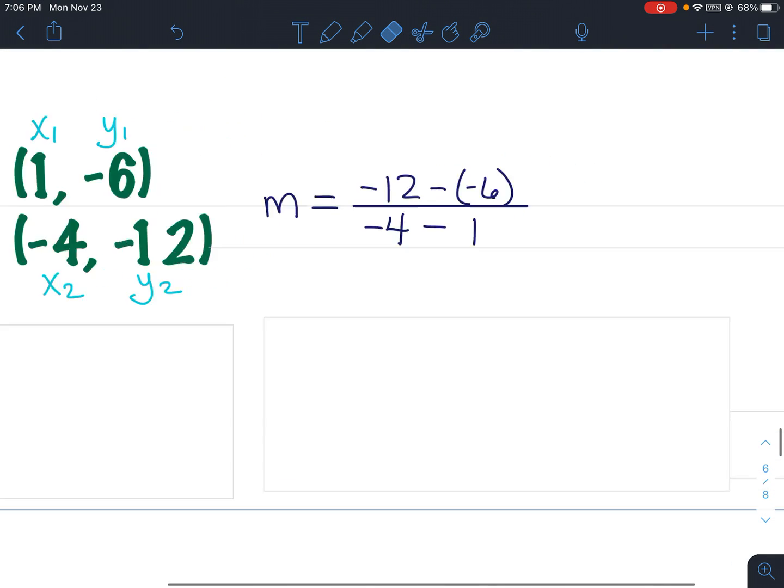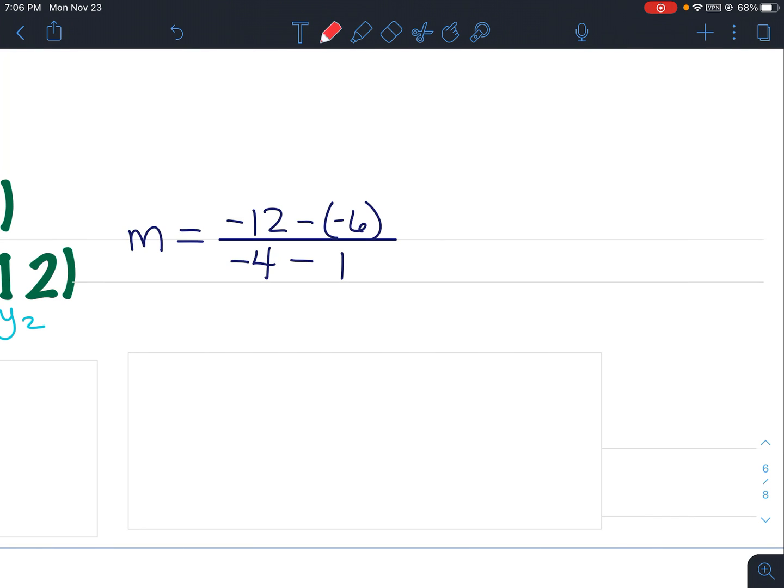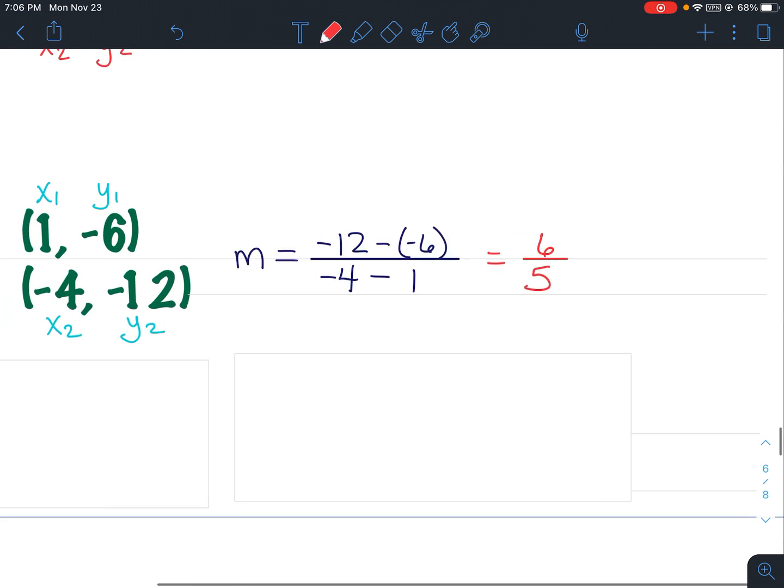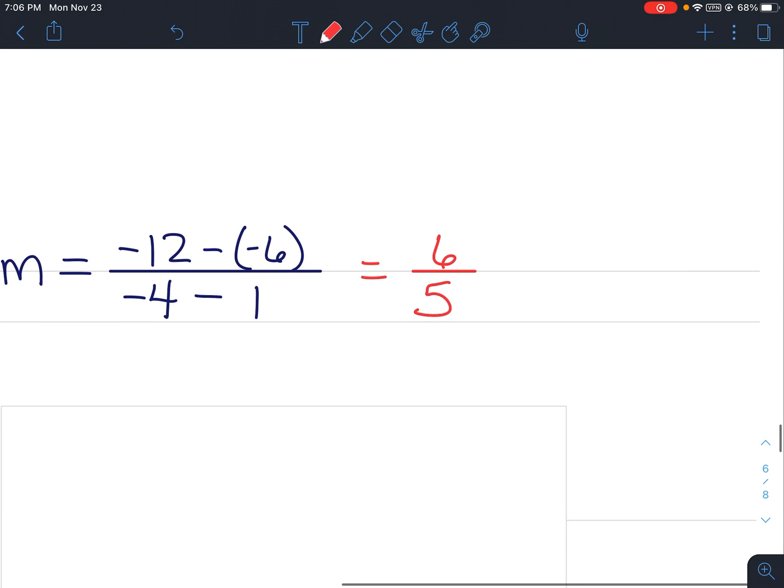So this equals 6/5. So my final answer for example 4, slope equals 6/5.